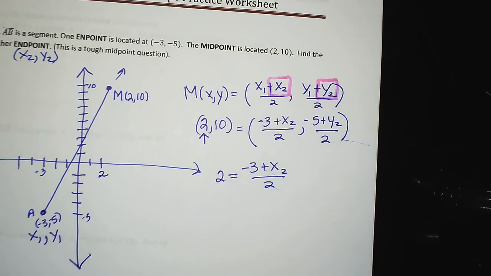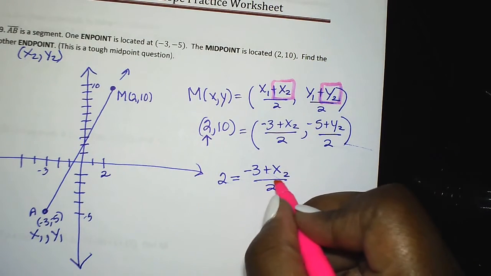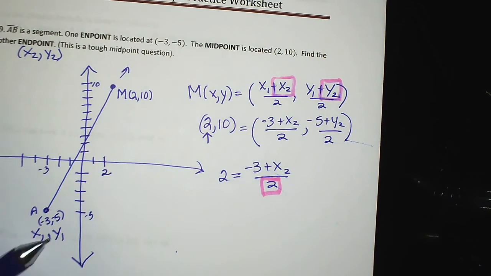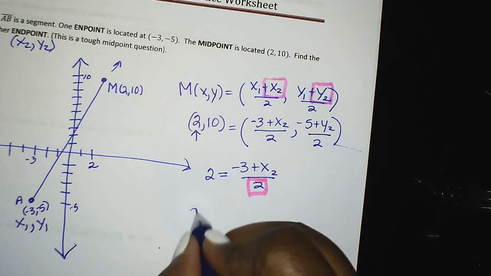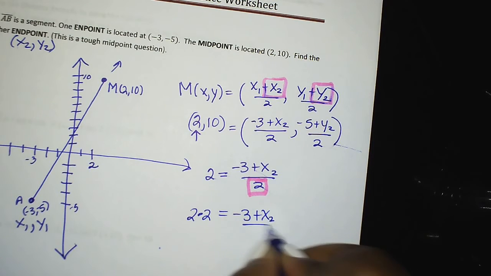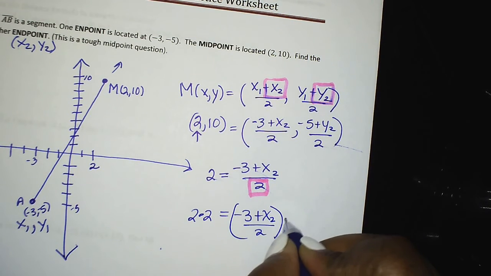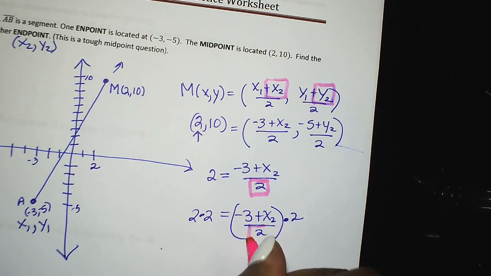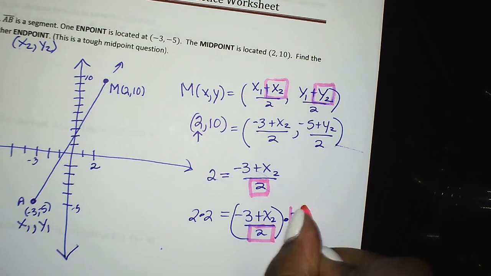All we're going to do is this. Everybody's scared of the boogeyman. That's that 2 down there. So we're going to multiply both sides by 2. So this is going to be 2 times 2 is equal to negative 3 plus x2 over 2, all times 2. That's how I get rid of the boogeyman, by multiplying by that number.